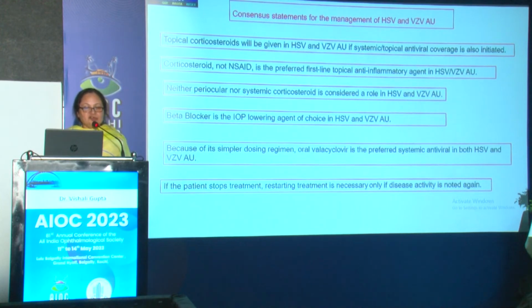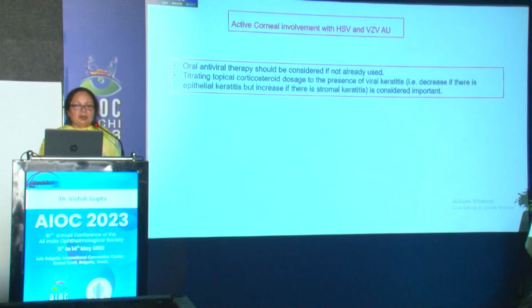Beta blocker was the IOP-lowering drug of choice for both, and because of its simpler dosing regimen, oral valacyclovir was the preferred systemic antiviral for both. If the patient stops treatment, restarting is necessary only if disease activity is noted again, and prophylaxis doesn't have a role.